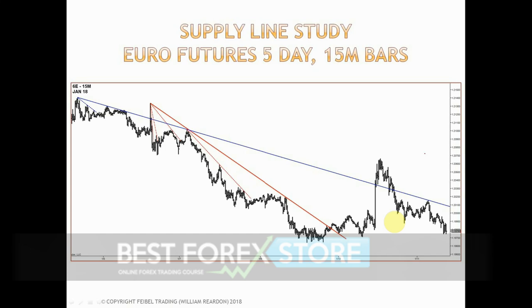How do you trade supply lines? It's a very expansive question. I mean, this violation where we come under is a no-brainer. Again, I'm using multiple time frames. This is 15 minutes.